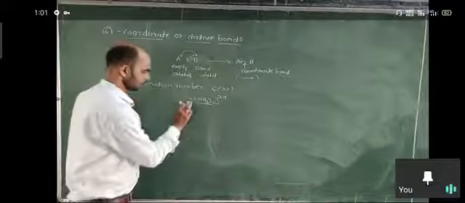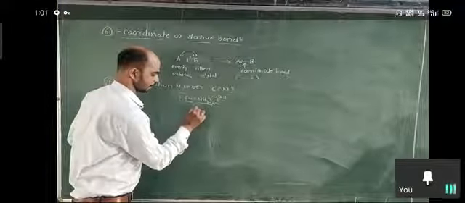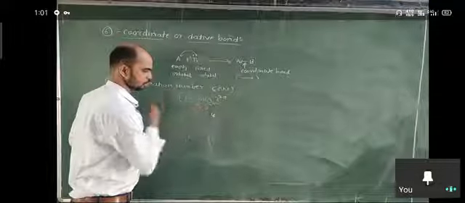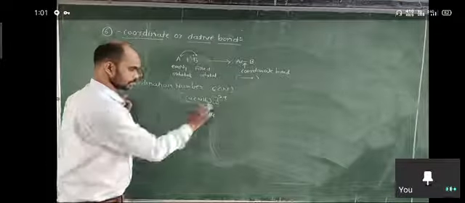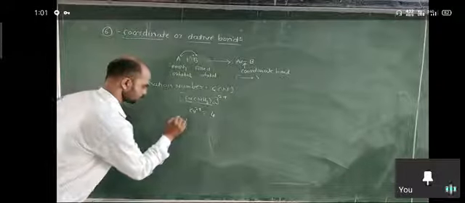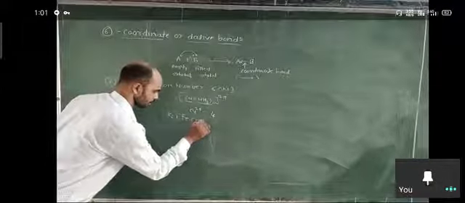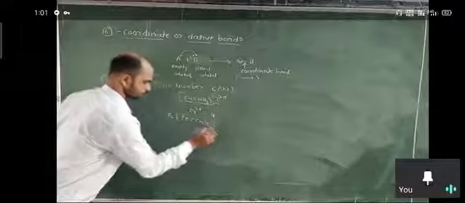Here Cu has +2 oxidation state and its coordination number is 4 because 4 NH3 molecules are attached. Suppose you consider K4[Fe(CN)6].